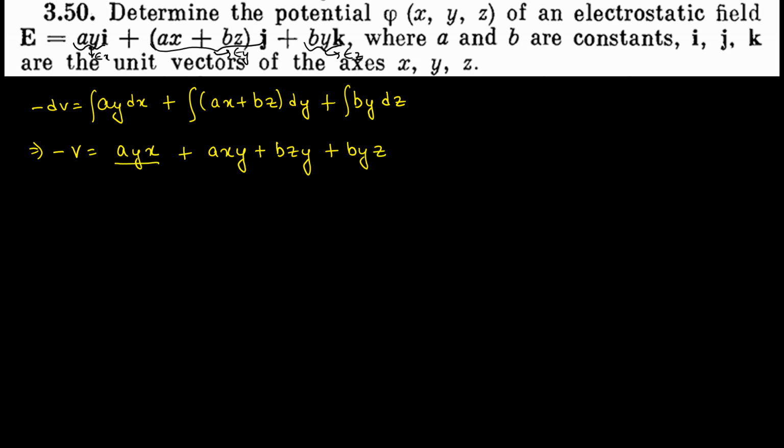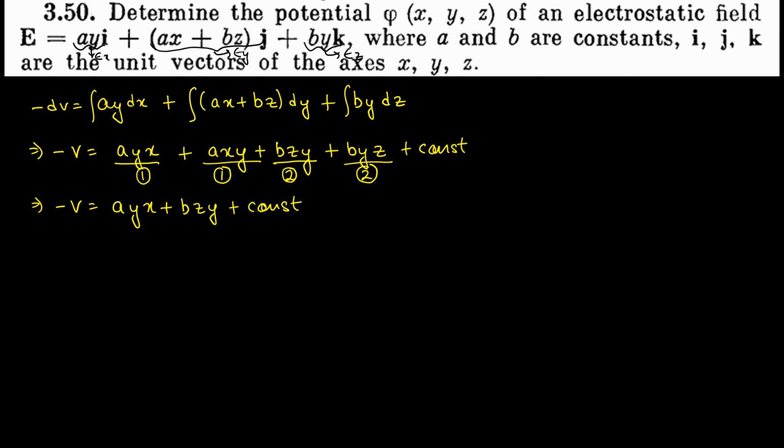Now this term and this term are the same thing, so I'll write them only once. This term and this term are the same thing. Plus some constant. So my potential would be minus V is equal to ayx plus bzy plus some constant, or V is equal to minus ayx minus bzy minus some constant.